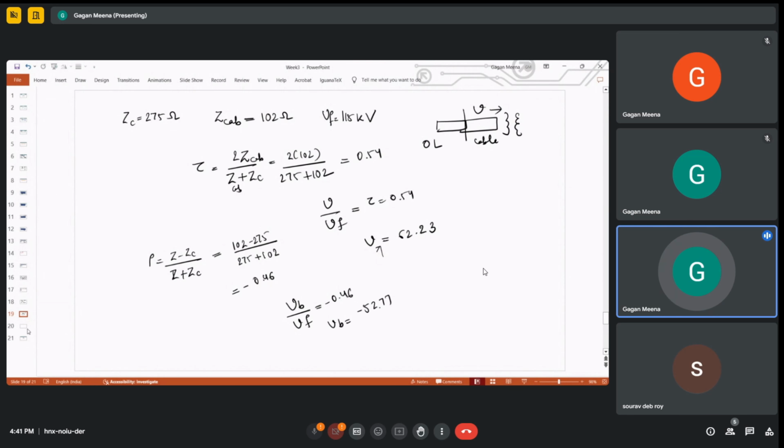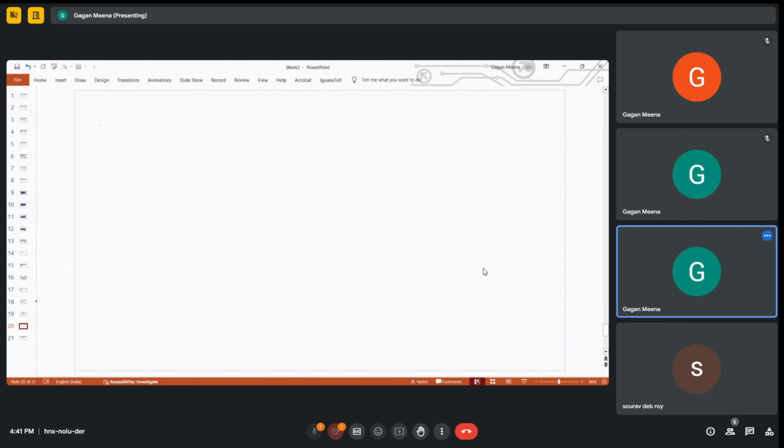Let us see the next question. The next question is: in a lossless transmission line of length 40 centimeter, with L of 25 microhenry per meter, C of 75 picofarad per meter, and frequency of 50 megahertz, it is for a communication line.